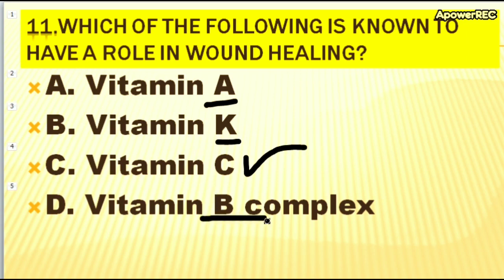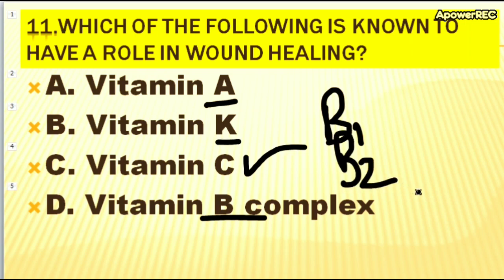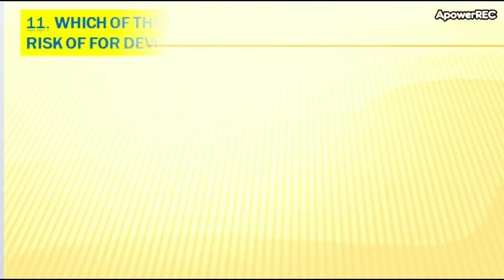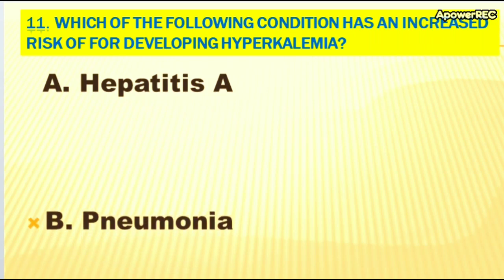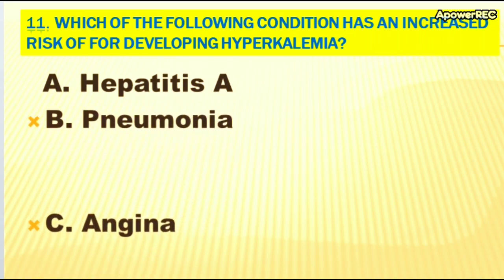Vitamin B complex. Vitamin B1 other name is thiamine. Vitamin B2 other name is riboflavin. Vitamin B3 other name is niacin. So you can expect this type of questions from the vitamin portion. We can move to the next question. Which of the following conditions has an increased risk for developing hyperkalemia?